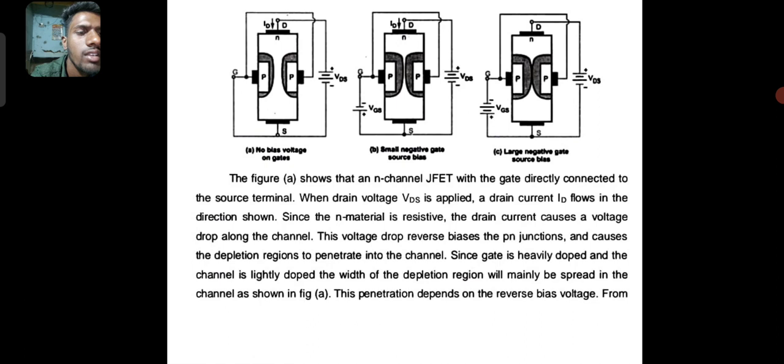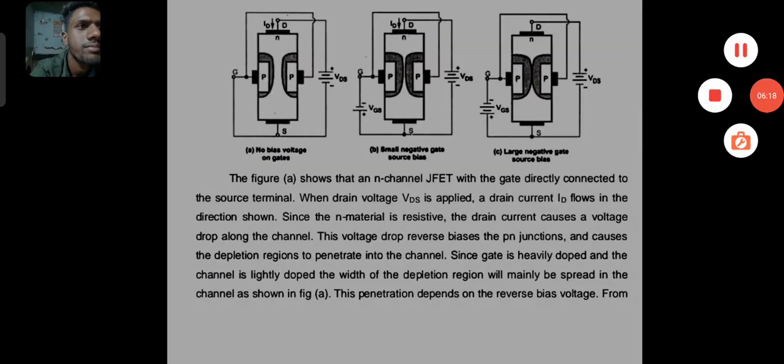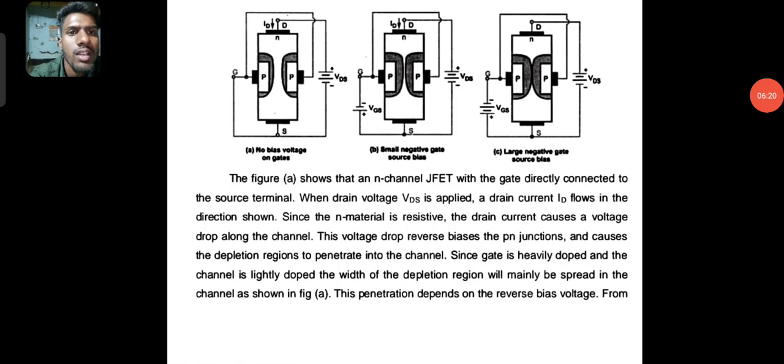Since the gate is heavily doped and the channel is lightly doped, the depletion region will mainly spread in the channel as shown in the figure. The penetration depends on the reverse bias voltage.